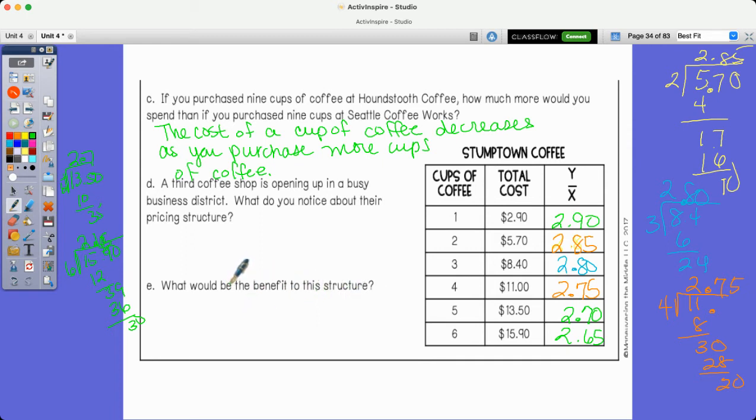If you remember on the first page, Seattle Coffee Works was $2.75 a cup, and Houndstooth was $2.80. So if I'm trying to save money and I needed to make a big coffee purchase, if I bought 5 or more cups of coffee, I am going to pay less at Stumptown than either of the other coffee shops.